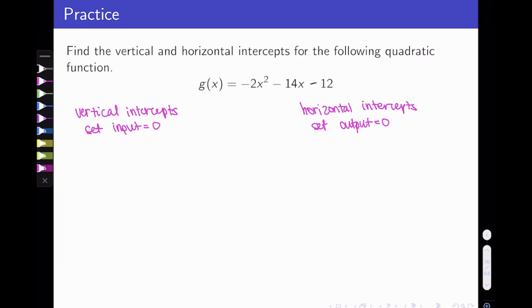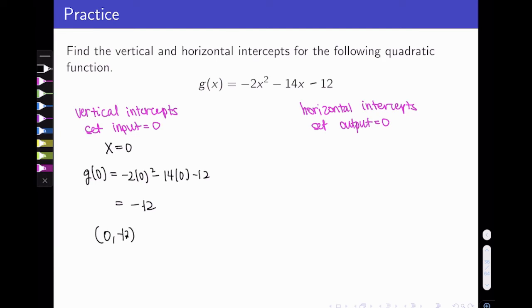To solve for the vertical intercept, we're going to set the input, or x, equal to 0 and evaluate the function. We're looking at negative 2 times 0 squared minus 14 times 0 minus 12, or negative 12. And so our vertical intercept is at (0, negative 12).